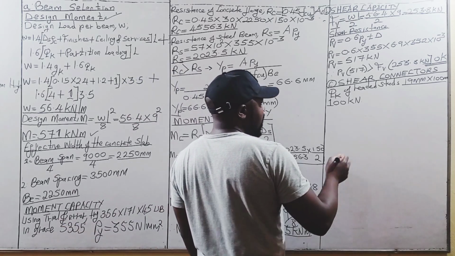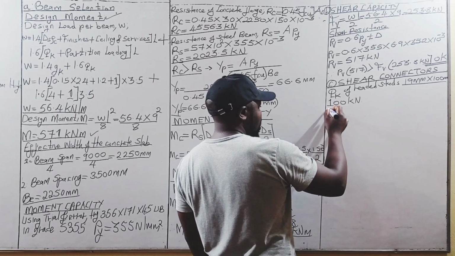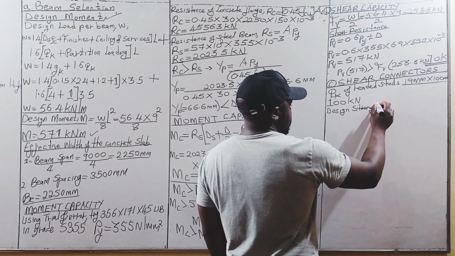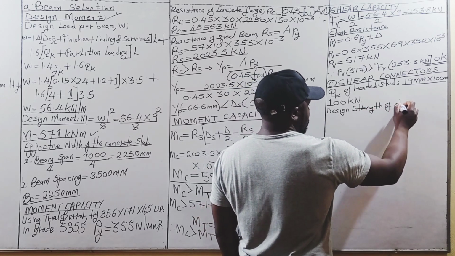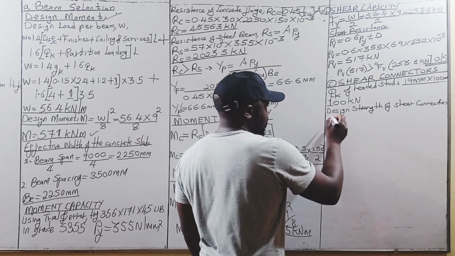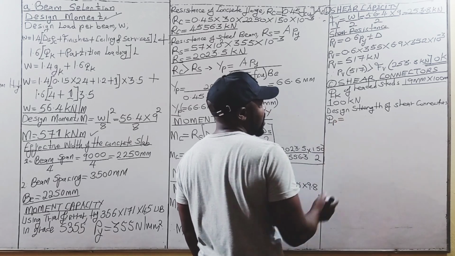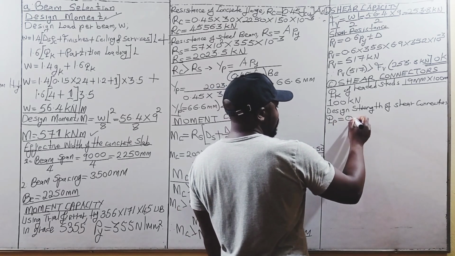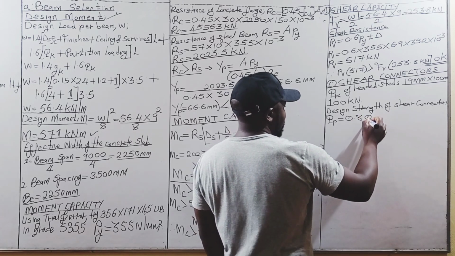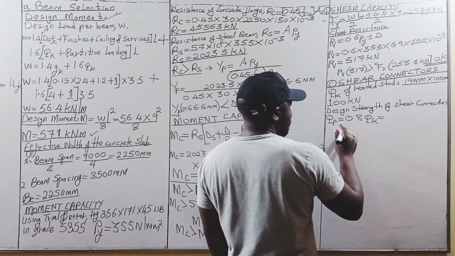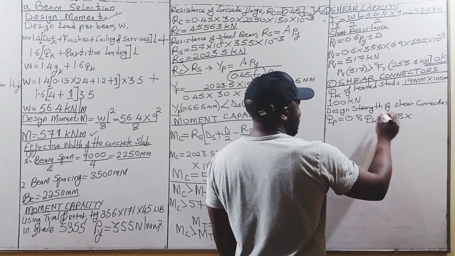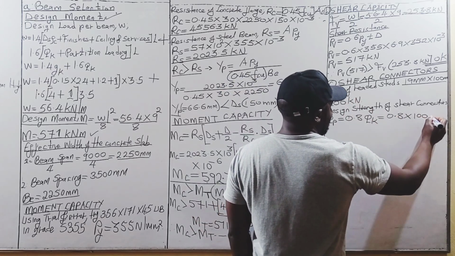And therefore, the design strength of shear connectors, that is QP, will be given by 0.8 QK. So the design strength of shear connectors is going to be 0.8 times QK, which is 100 kilonewtons.